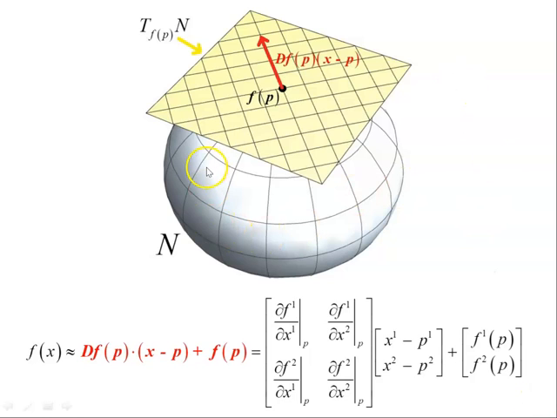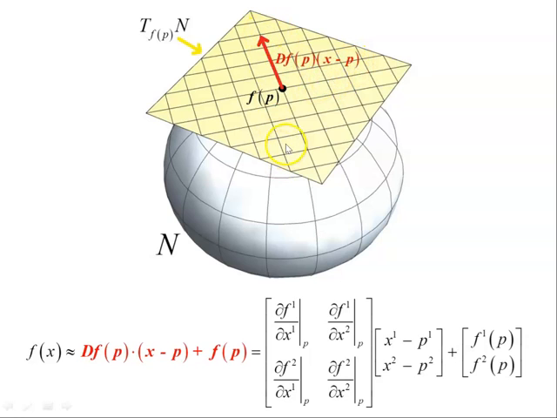Now, here's our manifold N, the second manifold. Here's f of P, our point, and this is the tangent space to the manifold N at the point f of P. Remember, under the map, we took P on manifold M and mapped it to f of P on manifold N. So we have df of P, this vector here is df of P times x minus P, just like in the one-dimensional case.